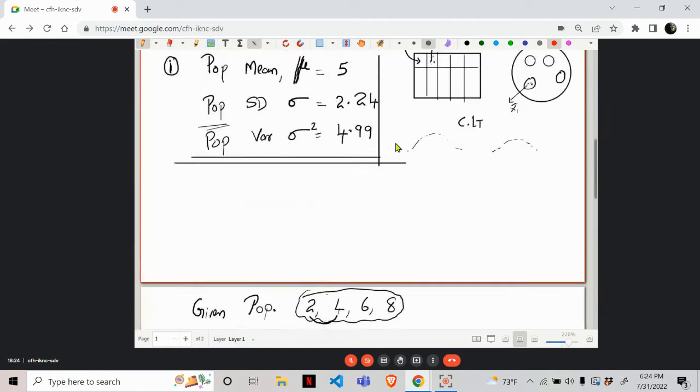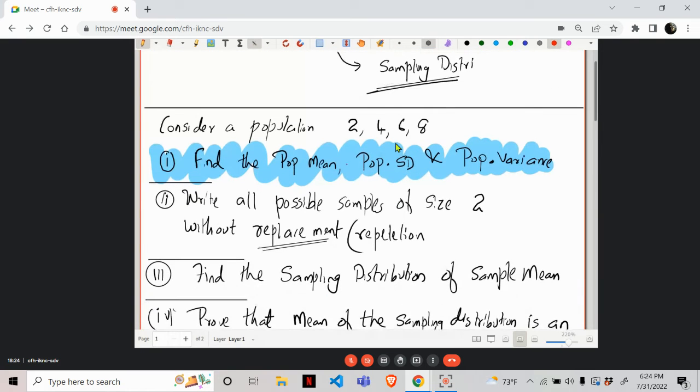Once more, I want you to read the questions one by one. We are doing a small experiment. How many members are in the population? Only 4 elements. Now, we found population mean, population standard deviation, population variance, and many students made mistakes here. Please be careful in the exam.